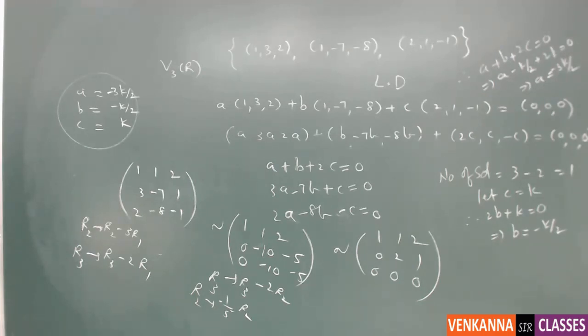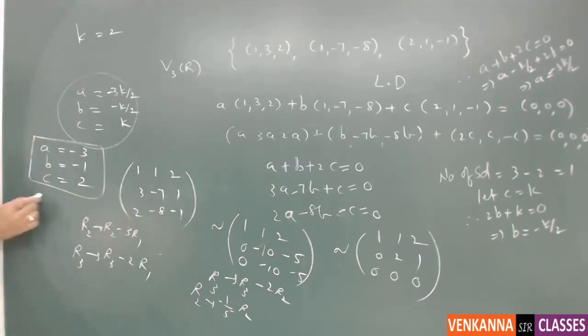Can you recollect the procedure for solving homogeneous equations? Now, if you put that k is a parameter, you can take that k is equal to 2. From this, you can say that a is equal to minus 3, b is equal to minus 1, c is equal to 2.